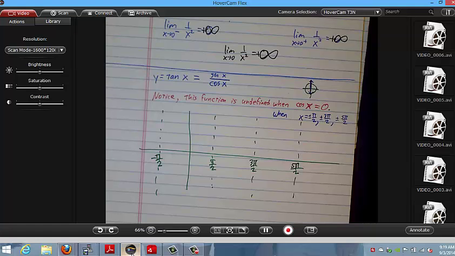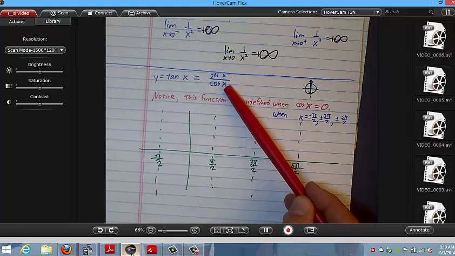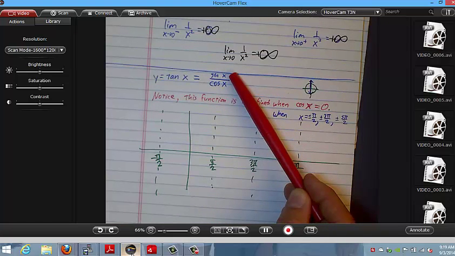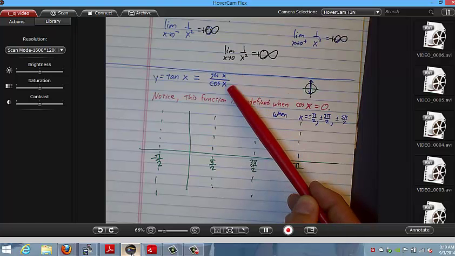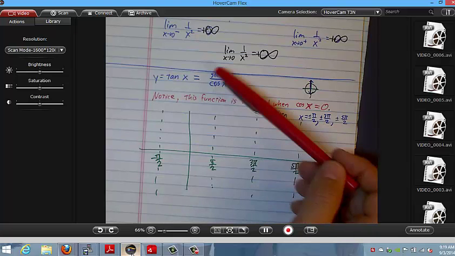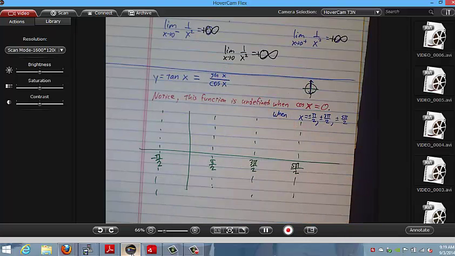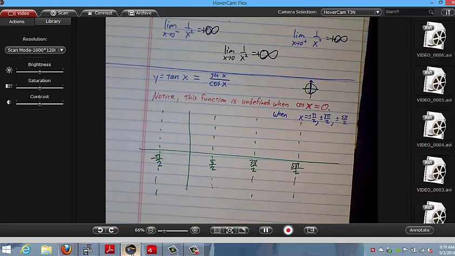The tangent of 0 is... What's the tangent of 0? Well, it's the sine of 0 over the cosine of 0. What's the sine of 0? 0. And what's the cosine of 0? Cosine of 0 is 1, right? So if we have 0 over 1, that's 0, right? So if I start to draw the graph, it's going to look like this.